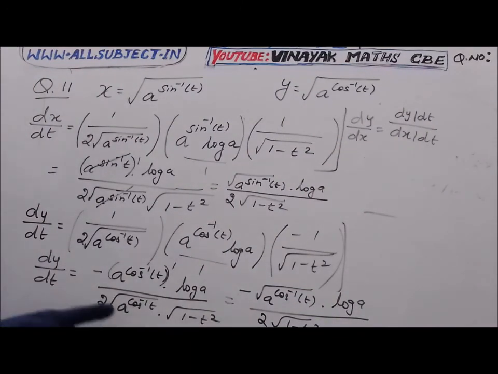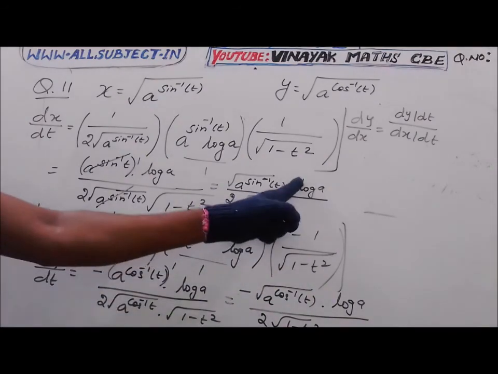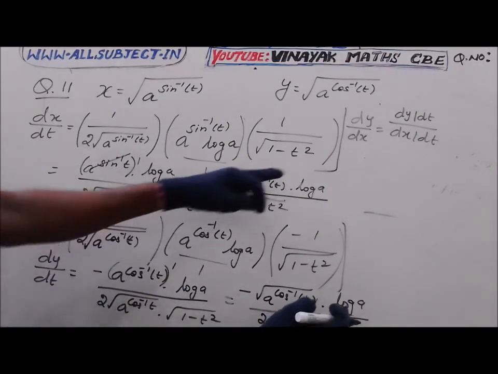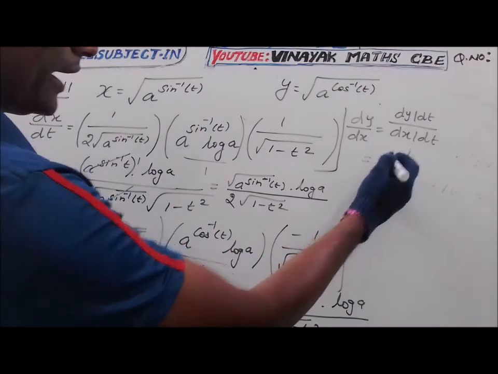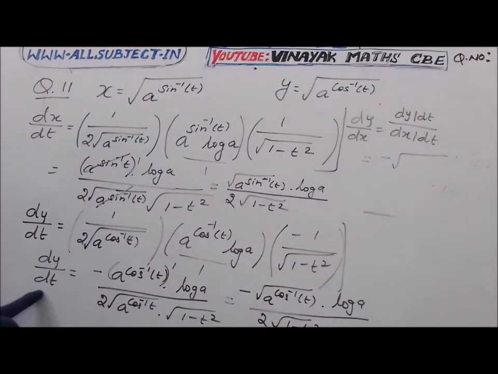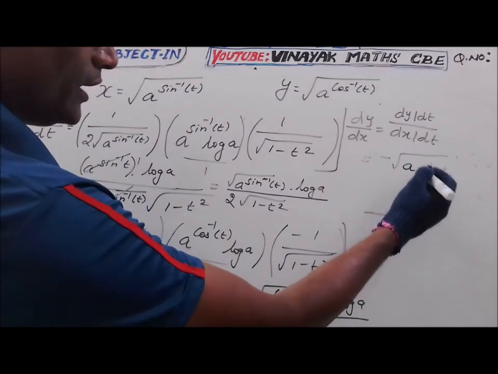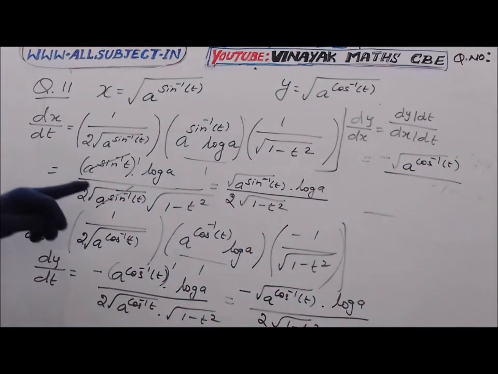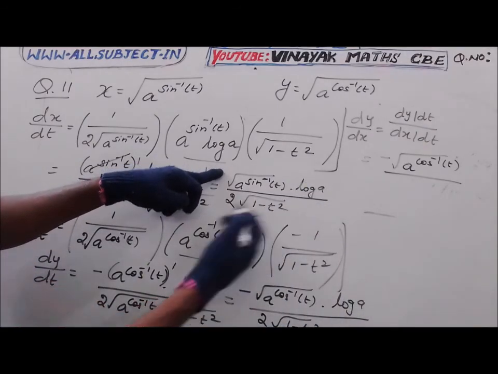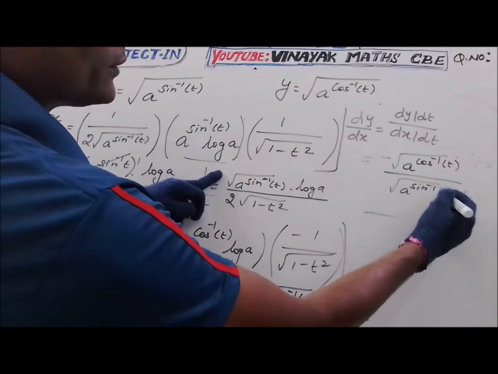Now listen here, dy by dx is dy by dt by dx by dt. dy by dt and dx by dt both have equal denominator and both contain log a. When we divide, this log a and the denominator get cancelled, the remaining is minus root of a to the power cos inverse of t, because dy by dt is in the numerator. In the denominator the remaining is log a cancelled, denominator cancelled, remaining is root of a to the power sin inverse of t.